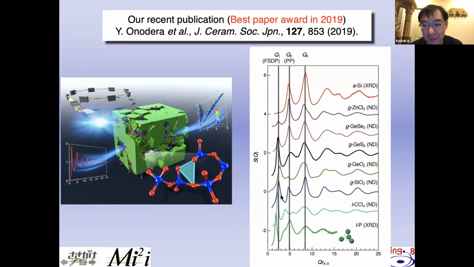So this is silica, germania. They are very strong covalent networks. And zinc chloride is very ionic. But in the case of amorphous silicon, we cannot observe a first sharp diffraction peak.